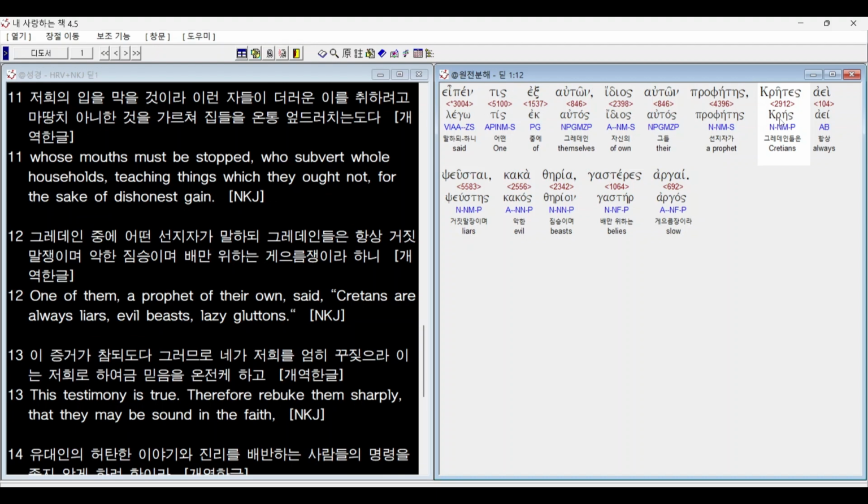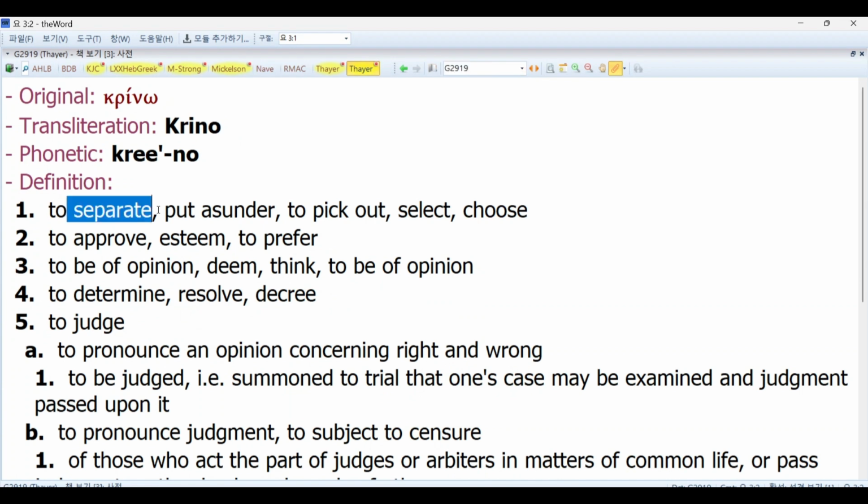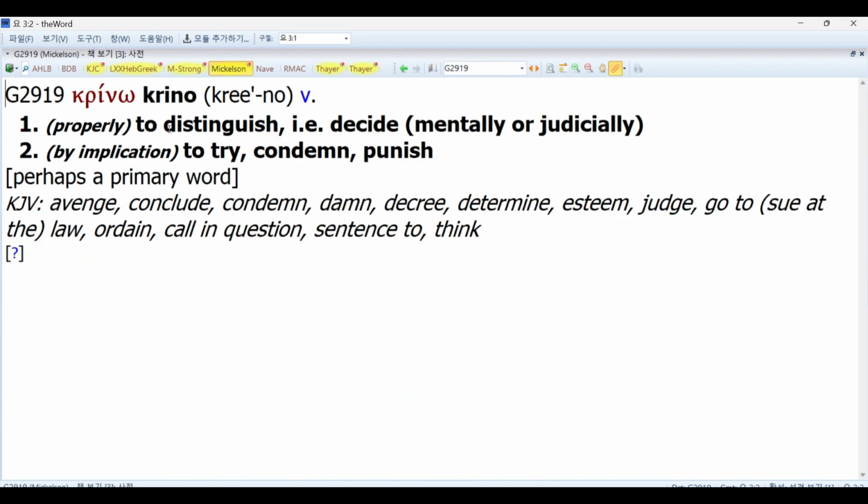Cres comes from the verb krino. Krino means to judge: separate, put asunder, pick out, select. English translates it as judge in many places.